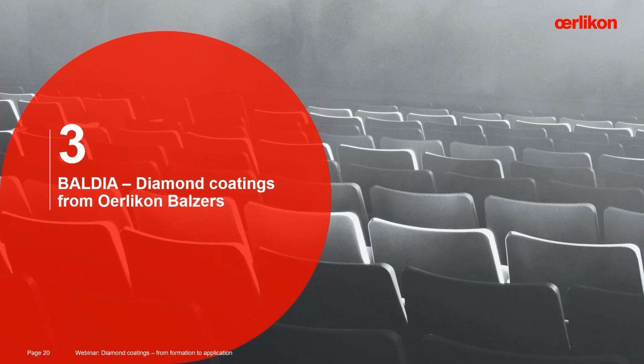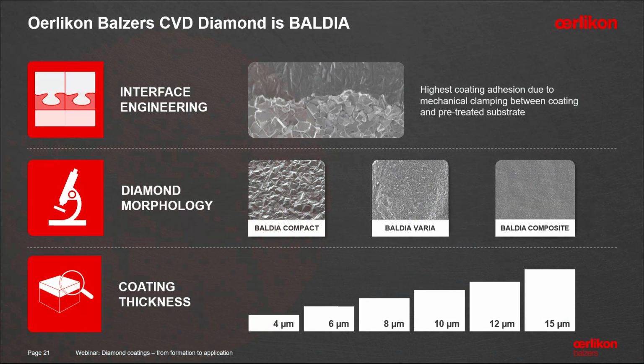With the last part, specifically now to our processes at Oerlikon Balzers, and I mentioned the name before probably, the family of CVD diamond is called BALDIA. Of course, in terms of this mechanical binding to the carbide, I mentioned it before, it's something we have specifically engineered and qualified around these 40 leading carbides to date, and we can extend, of course, if necessary.